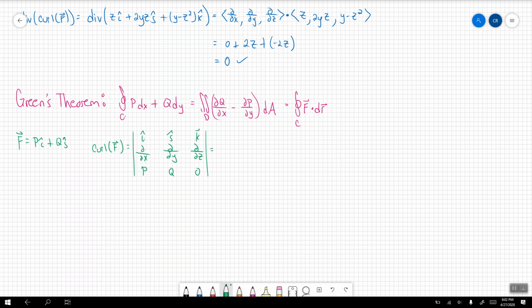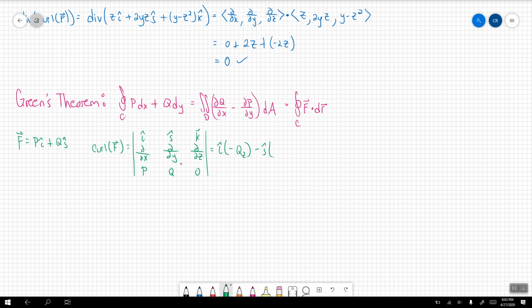So this is going to give me in the i component the partial of q with respect to z, minus, or actually there's no minus there, my apologies. Alright, so here for the i component, it's going to be minus the partial of q with respect to z, and then we're going to have a minus j component.